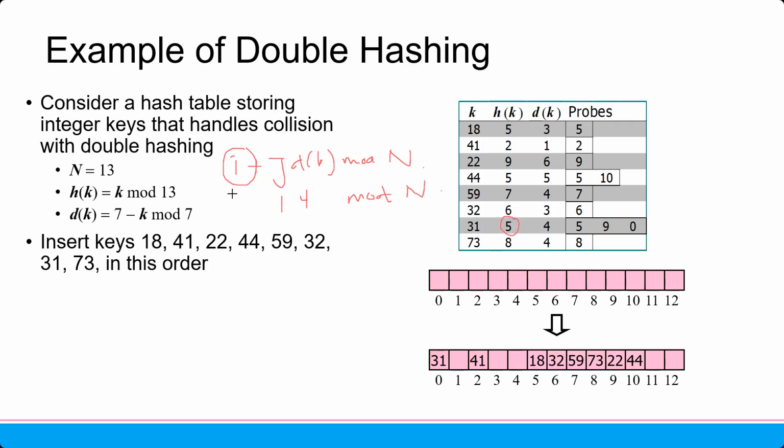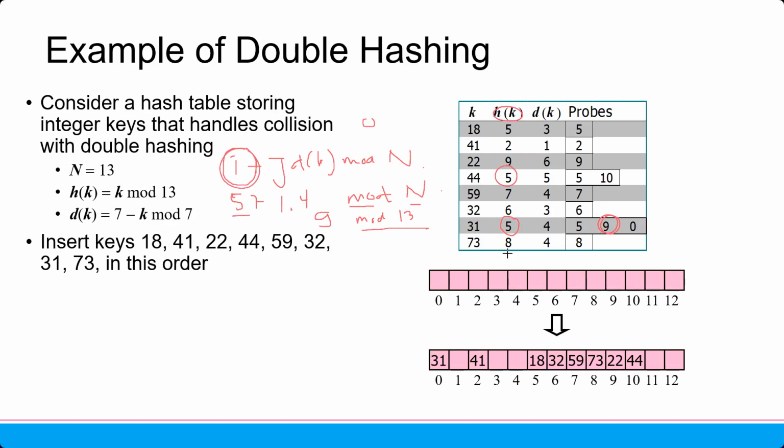Let's suppose we put the hash key, 5. So 5 plus 1 multiplied by 4 mod 13 gives 9 mod 13, so we get 9. Actually, for I, you can put any number, like 0 or the hash key.